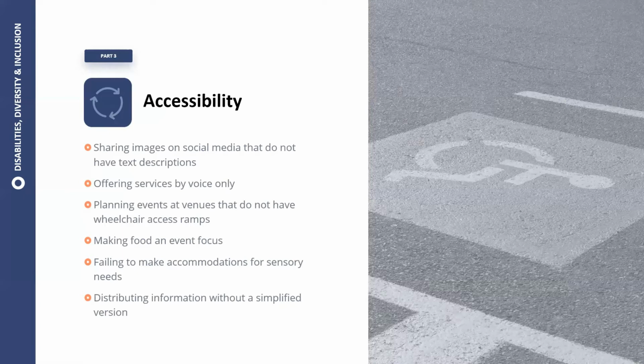Failing to make accommodations for sensory needs can limit access for autistic people and people with sensory differences. Distributing information without a simplified version limits access for people with intellectual disabilities. This list is by no means exhaustive, but it offers some examples of the ways accessibility can be limited across many different types of disabilities.